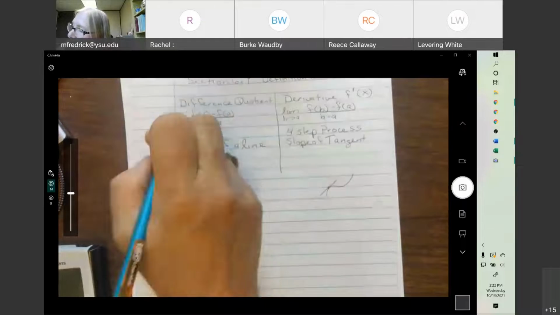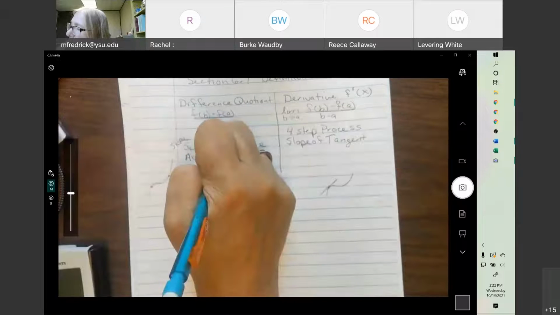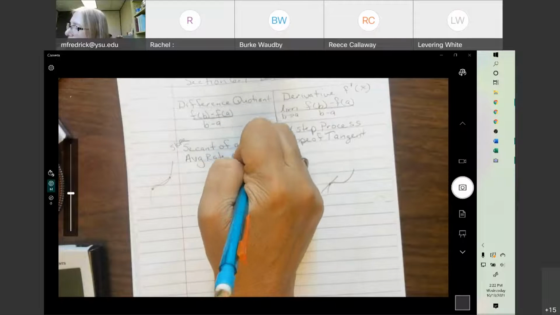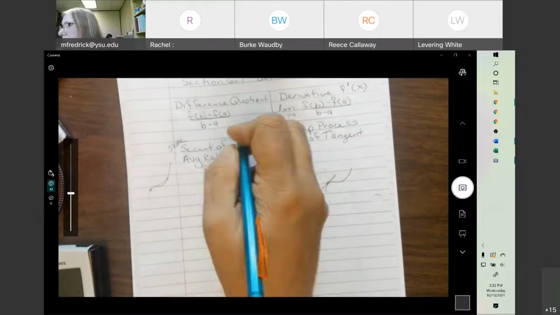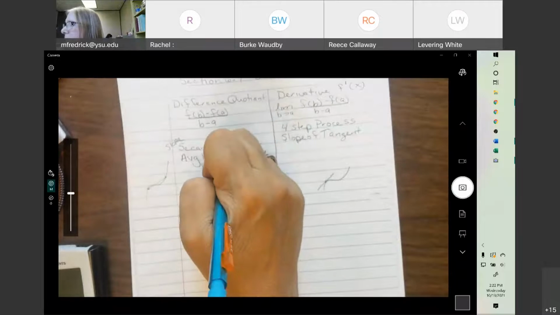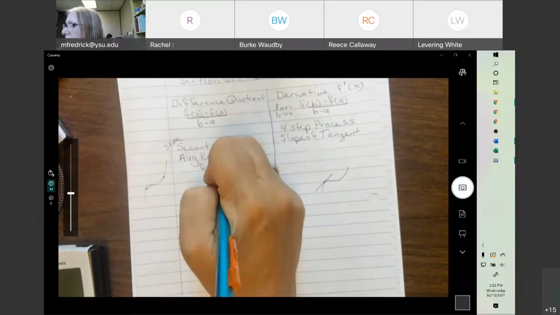Also, the slope is average rate of change, and we mostly would use it for profit, revenue, and cost.